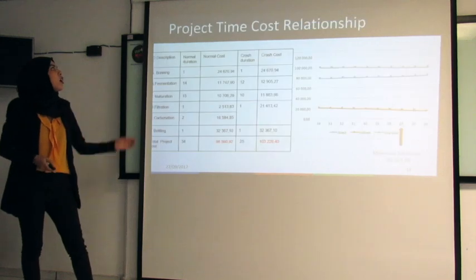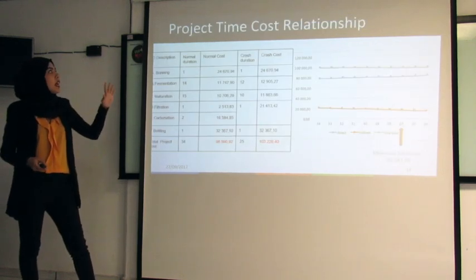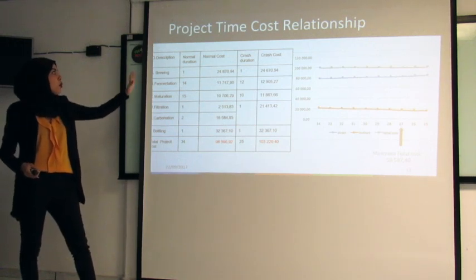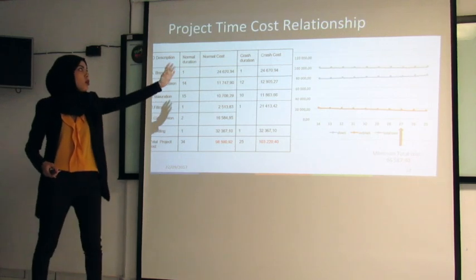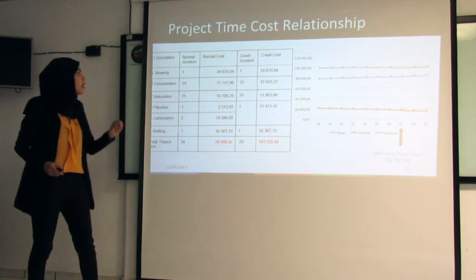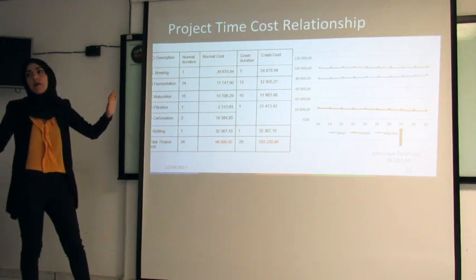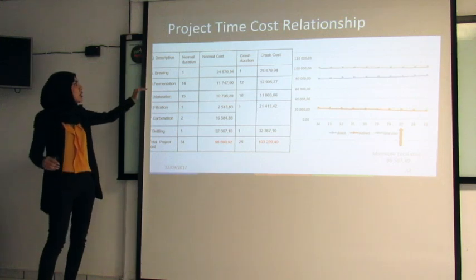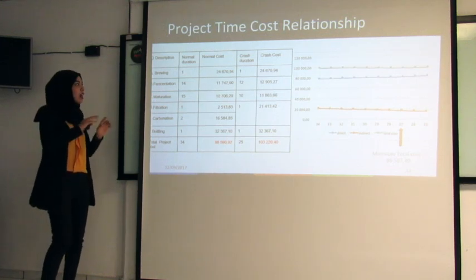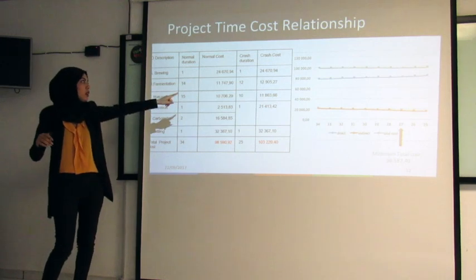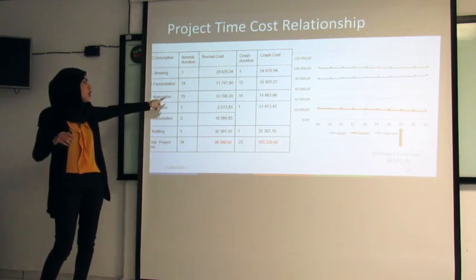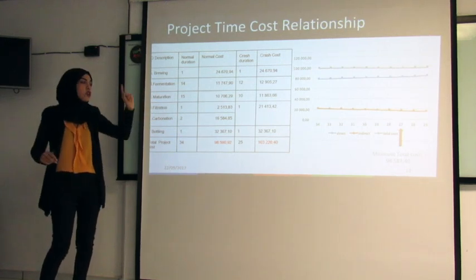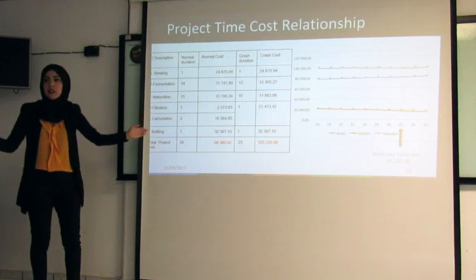In this case, we've been studying the time-cost relationship and calculating normal duration with normal cost, and crash duration with crash cost. So for brewing, it's the same, I mean, it's not crashed. But fermentation is crashed from 14 to 12, maturation from 15 to 10, and for these two activities from 3 days to 1 day, and for bottling it's still the same.